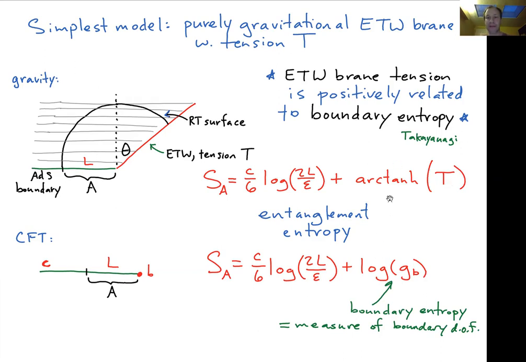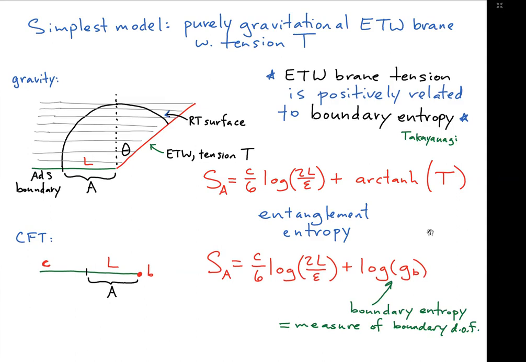If you compare the two answers, then you find that this function of the tension is equal to the boundary entropy. So the main thing to take away from this analysis is that we have this parameter in the bottom-up gravity action we're using to model our end of the world brane, and the parameter gives us an indication of how many degrees of freedom are associated with our boundary in the CFT with a boundary.